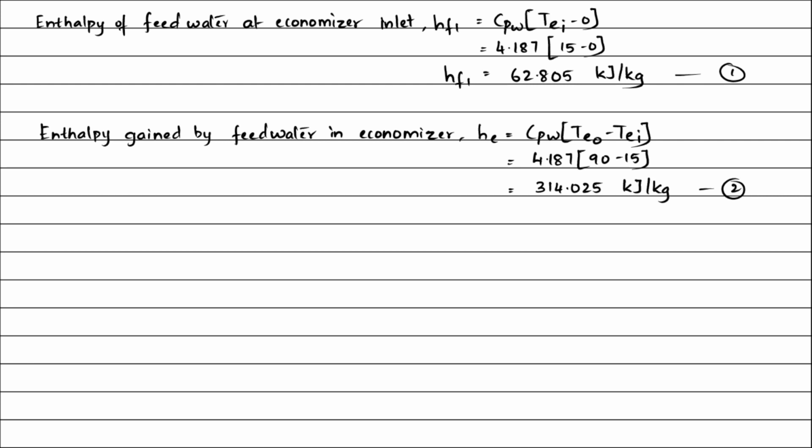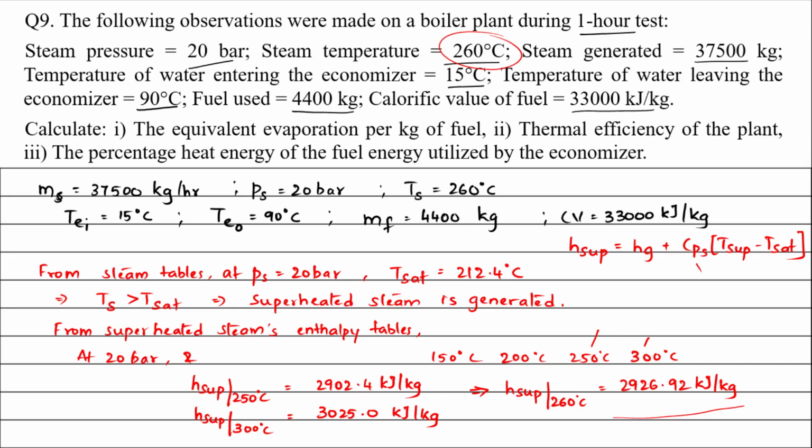At the entrance to the boiler, my steam is already carrying the enthalpy HE plus HF1. Beyond that, the enthalpy that is being added, the 2926.92 kilojoule per kilogram that we found, is happening inside my boiler.